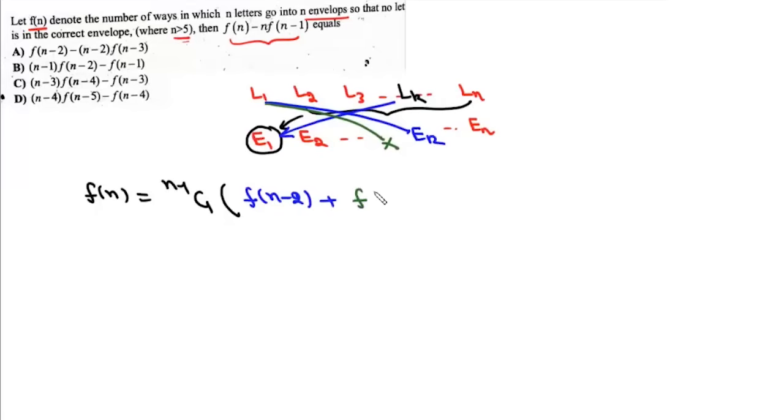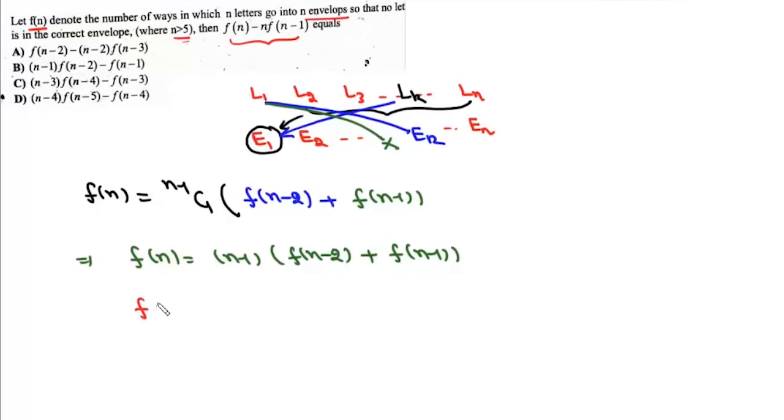So it will be simply F n minus 1. So from here we will get this recursive relation that Fn equals n minus 1 Fn minus 2 plus Fn minus 1. Now we can write this as Fn minus n Fn minus 1 equals n minus 1 Fn minus 2 plus n Fn minus 1 minus Fn minus 1.